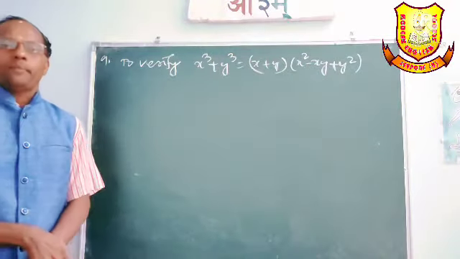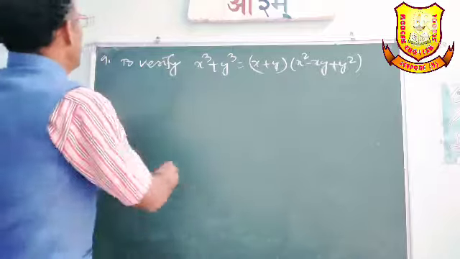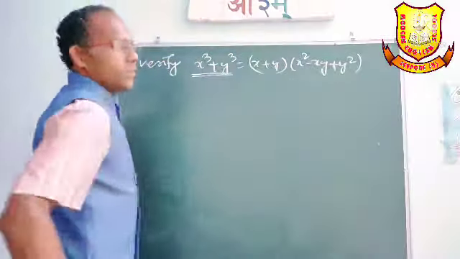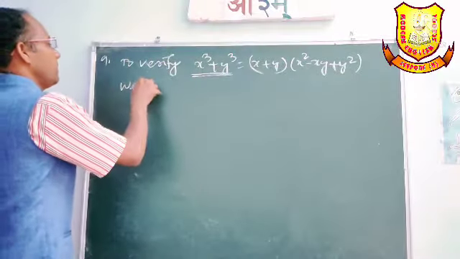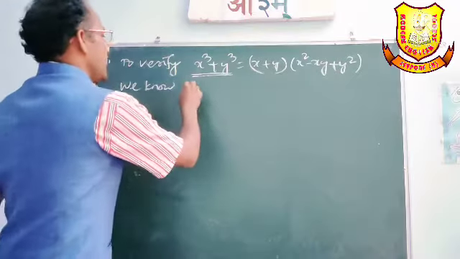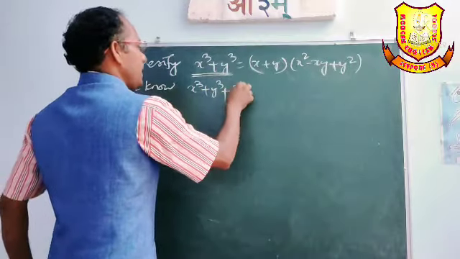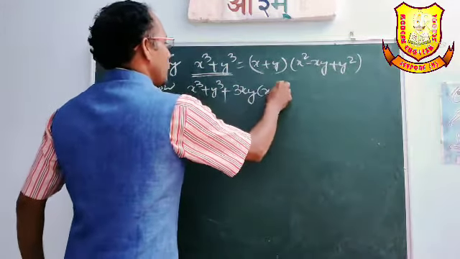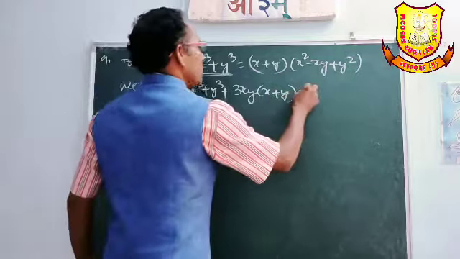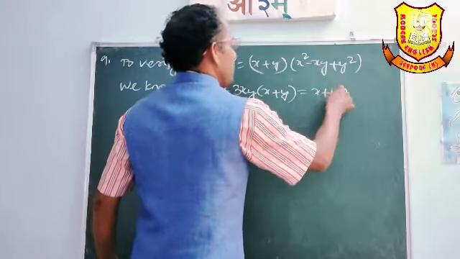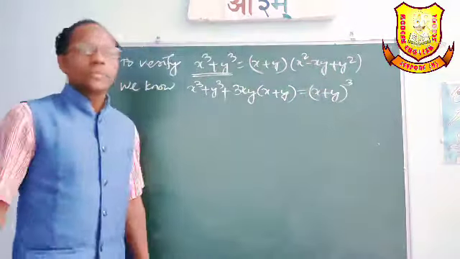We have to verify. So what do we know? We know x cube plus y cube plus 3xy whole into x plus y equals (x plus y) whole cube.